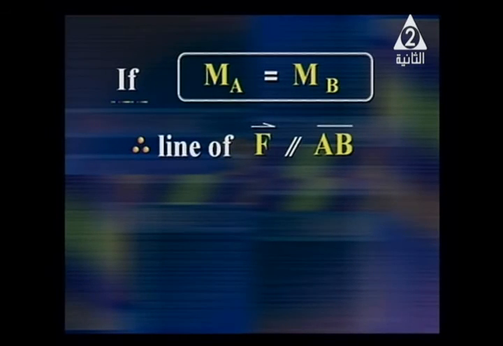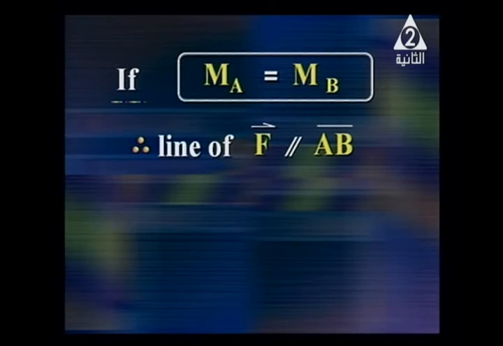Remark. We have two very important remarks. If the moment of a force about point A equals the moment about point B, what do you deduce? The line of the force is parallel to the line segment AB.